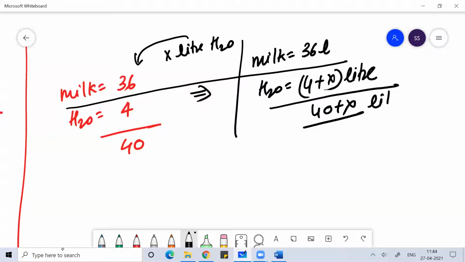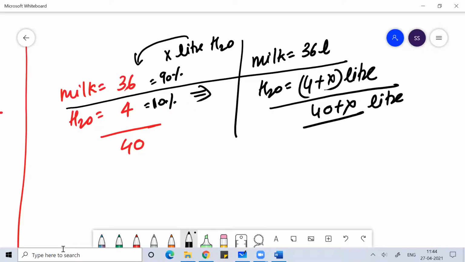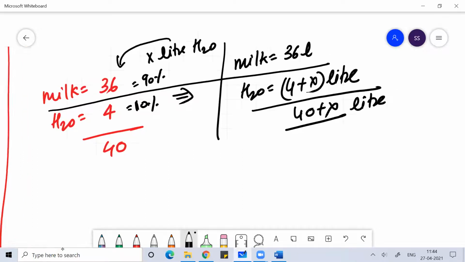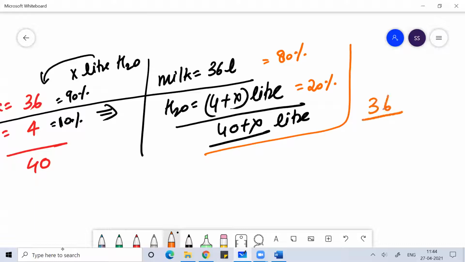Earlier the water was 10% and the milk 90%. I am adding water because I want the water percentage to be 20%. If the water becomes 20%, then the milk becomes 80%. So the ratio of milk to water, I want this to be 80 by 20.